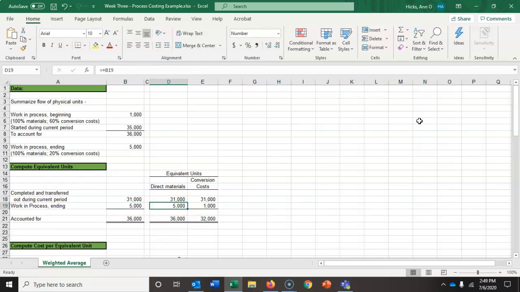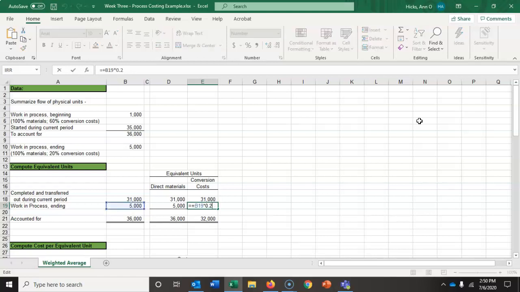So direct materials equivalent units will be equal to 5,000. We have added all of the direct materials that we intend to. Conversion costs, on the other hand, are going to be prorated. If we have 5,000 physical units that are 20% complete, that is the same as having 100% complete 1,000 units.